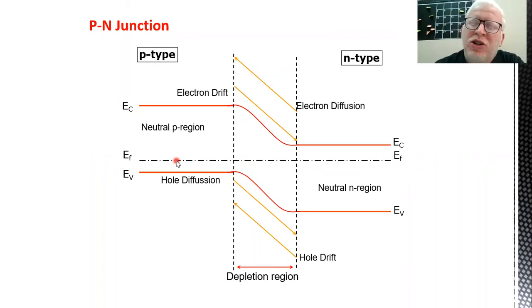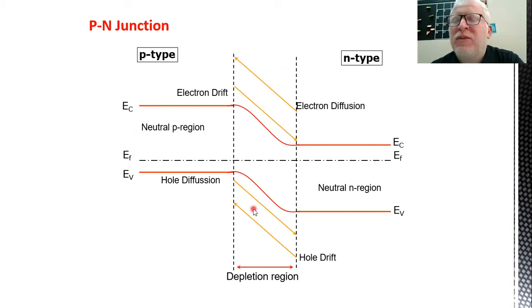Accordingly, the p-n junction energy band diagram can be categorized into 3 regions: a purely p-type region on the extreme left, a purely n-type region on the extreme right, and a depletion region.